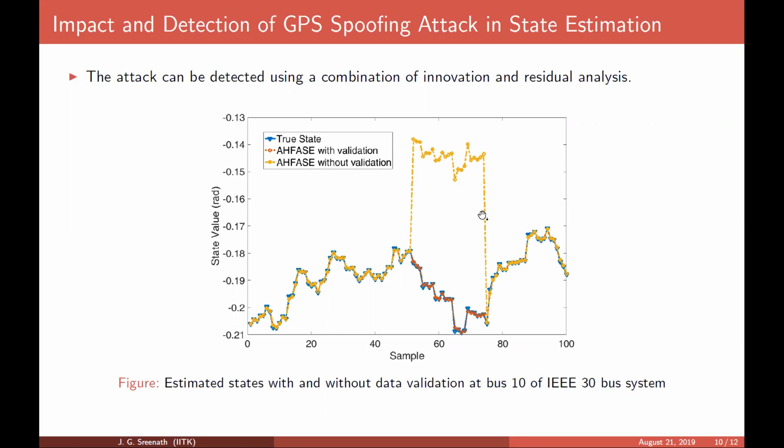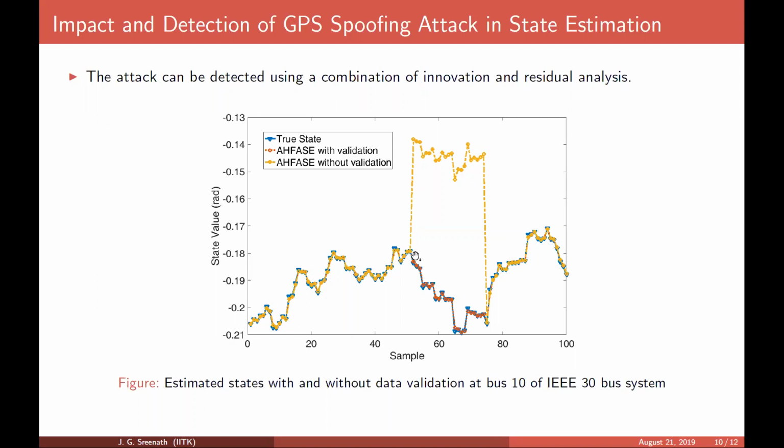Now the control center has the wrong information, and this has certain implications. This would affect the various control actions that are being taken at the control center. And I can include some validation schemes. Typical validation schemes include something known as innovation or residual analysis. These are statistical analysis techniques which can be used to detect bad data and other anomalies in the power system state estimation process.